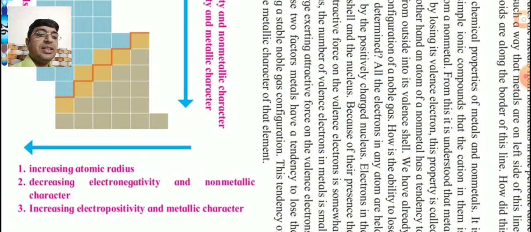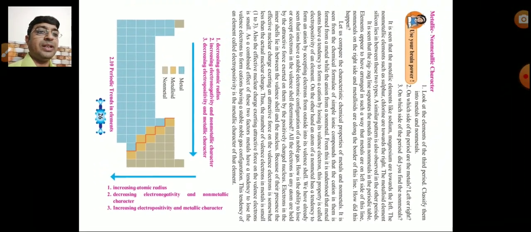And third point, increasing electropositivity and metallic character. Means from top to bottom what happened? Metallic character increases and non-metallic character decreases. Atomic radius increases. That is from top to bottom. And check again from left to right.